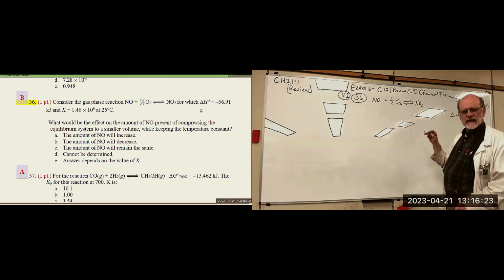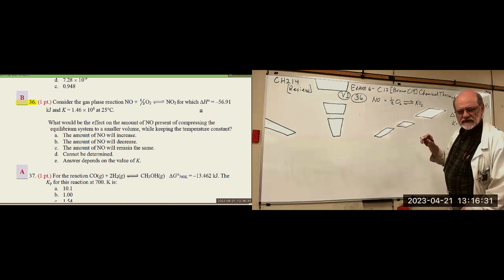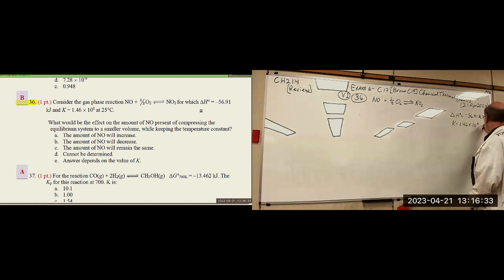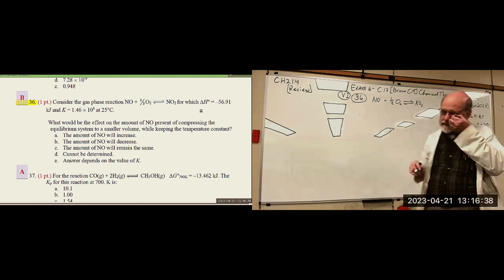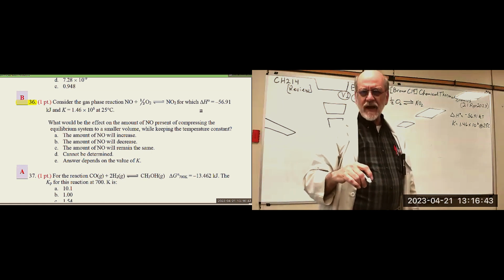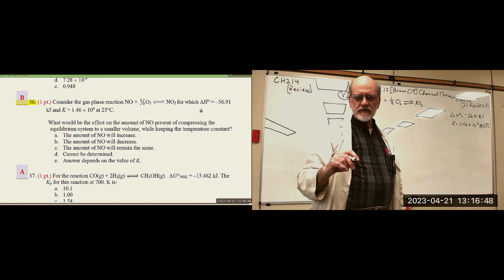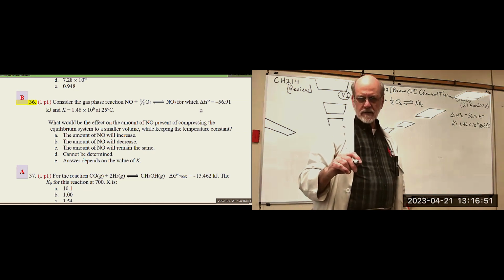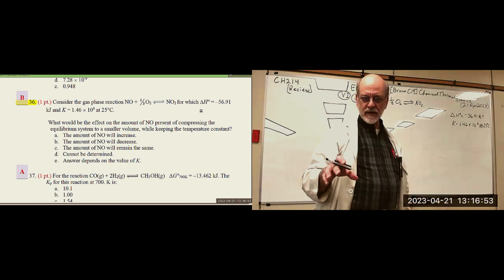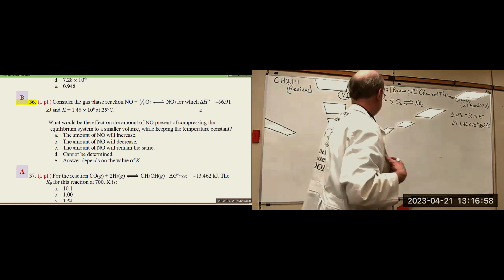It also tells us the K. K was 1.46 times 10 to the 6th at 25 degrees C. Okay, that's everything that's given. Now what's the question? What would be the effect on the amount of NO present of compressing the equilibrium system to a smaller volume? Effect on the amount of NO if we compress while keeping the temperature constant.